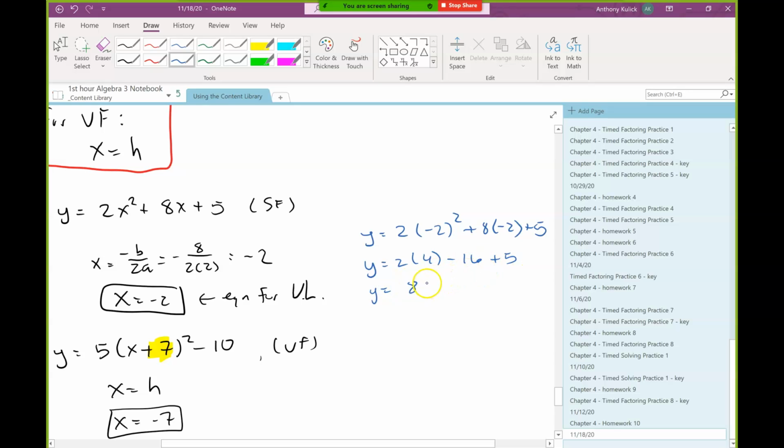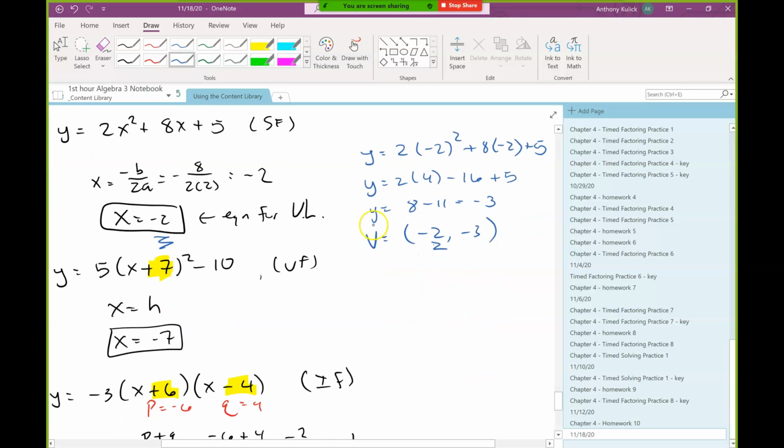Negative 16 plus 5 is negative 11. 8 minus 11 is negative 3. So my vertex is negative 2, negative 3. So the x-coordinate is the same as what we had in the axis of symmetry. And we just get the y-coordinate by plugging that x-coordinate in and simplifying. Okay.